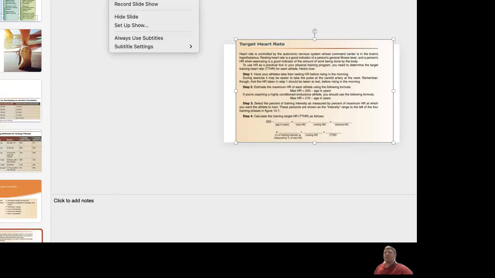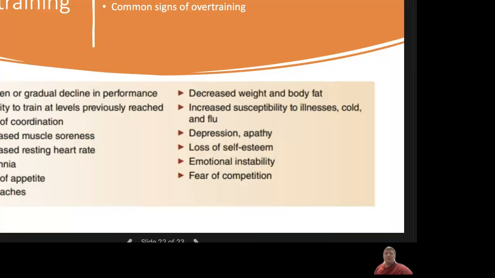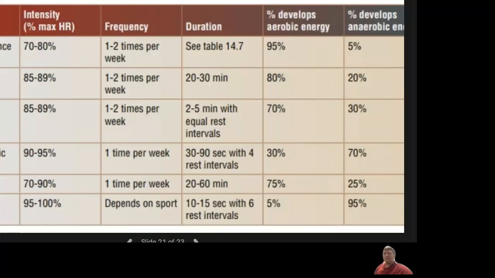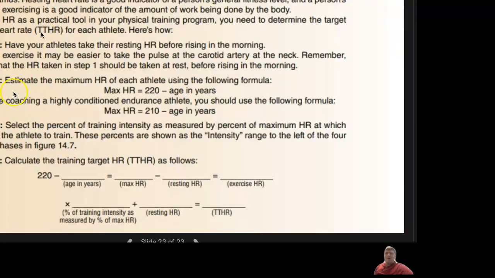I want you to try yours here, and I think you have to make up some for your athlete. I would just take whatever age your athlete would be and do that. I just want you to calculate your own training target heart rate.